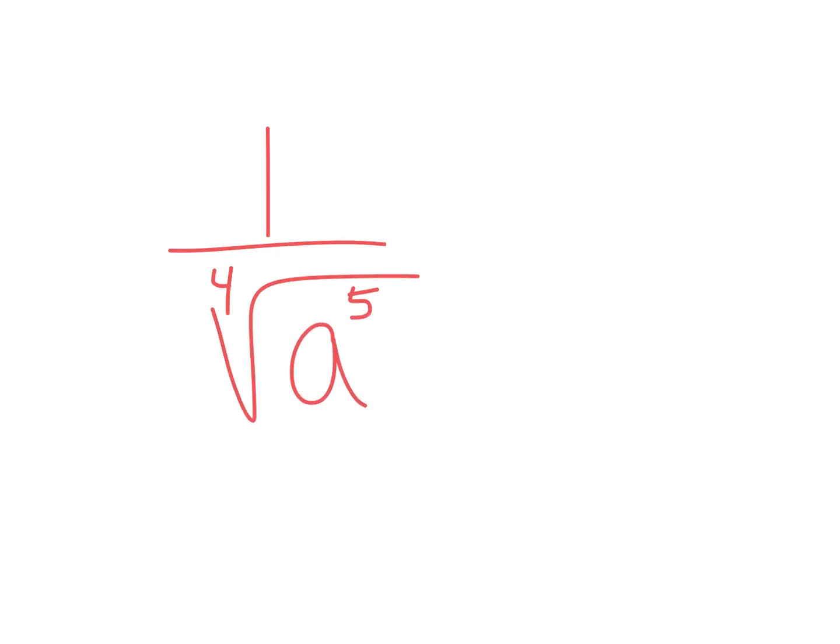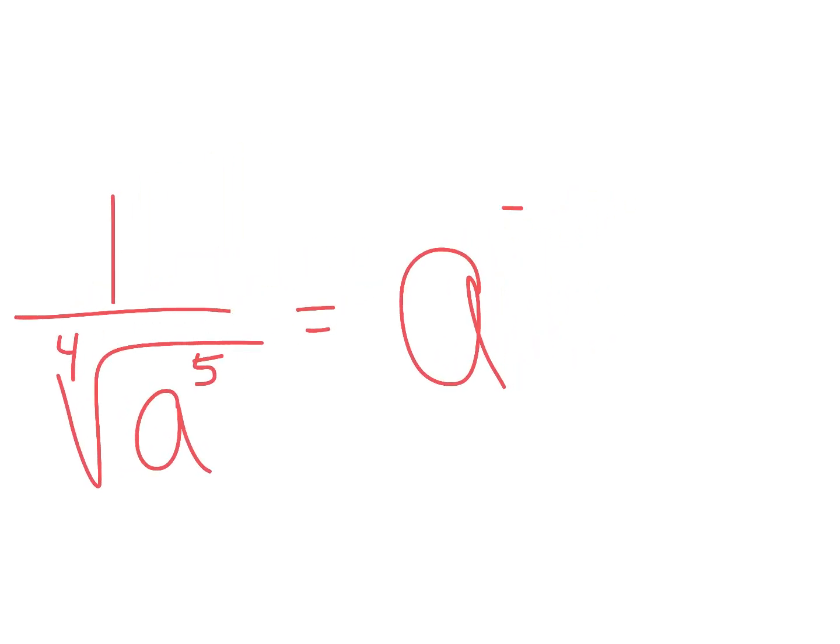There are 3 parts to this. A is to a fraction power, but there can be a negative in front of it. Try this one. If you just follow along, do 2, 3 more questions with me, you'll have this. So there's a 4 and there's a 5 and then there's something else. The power can be negative. Is this one of the ones where the power is negative?